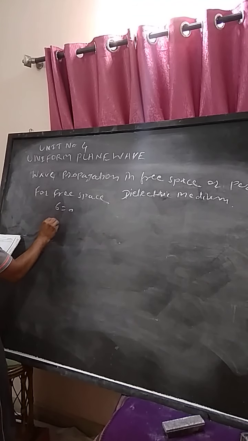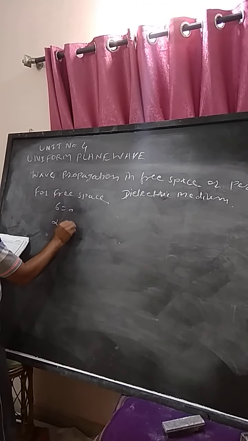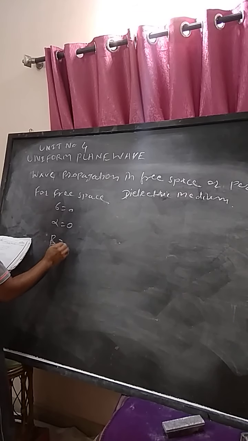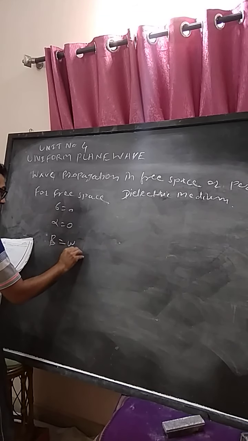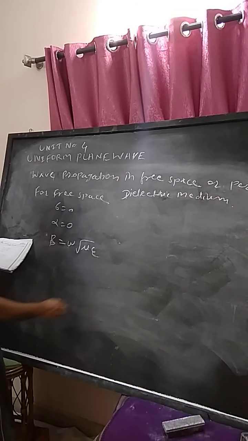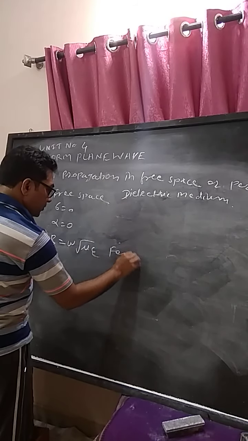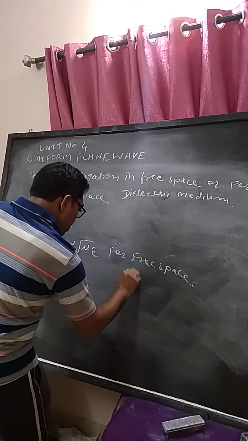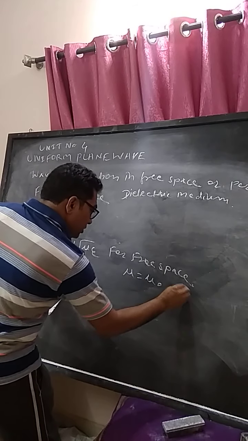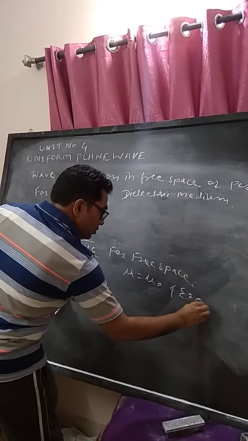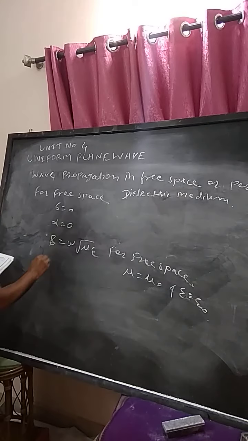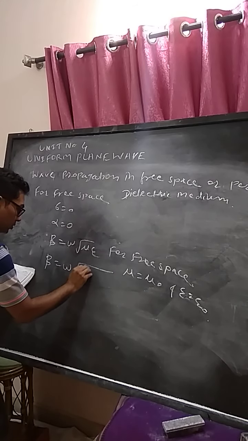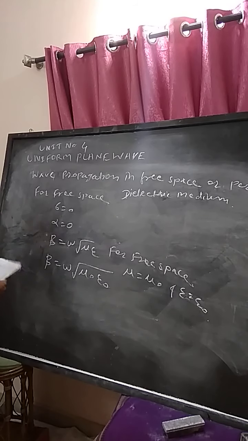If sigma equal to 0, the value of alpha, that is the attenuation constant, is 0. And the value of phase constant beta will be omega under root of mu epsilon. Now for free space, put mu equal to mu 0 and epsilon equal to epsilon 0. So therefore the phase constant is omega under root of mu 0 epsilon 0.